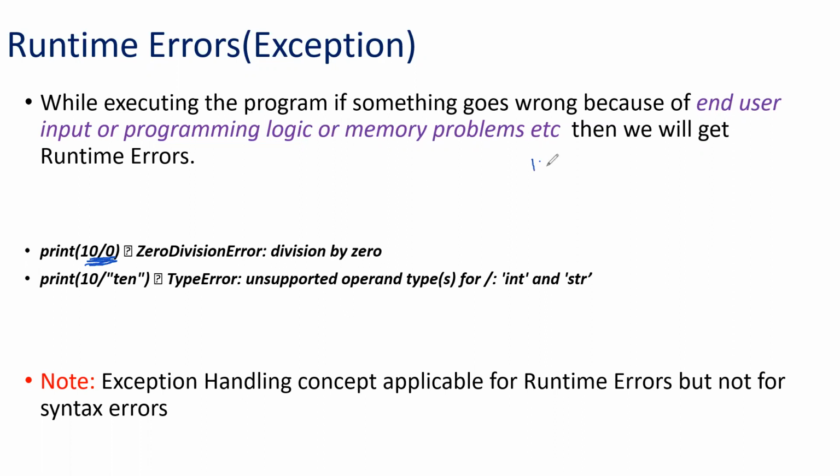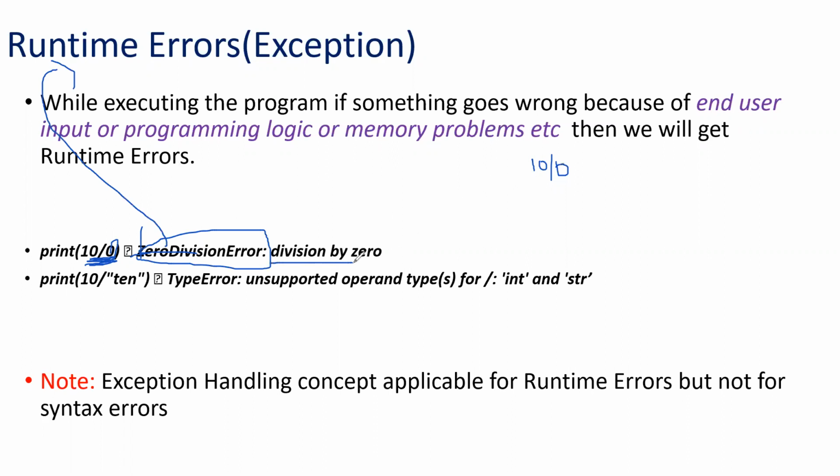Actually, 10 by 0 is infinite, right? Something by 0 is nothing but infinite. But Python will not give the output as infinite. Simply, it throws an error. What is the error? Zero division error. It is dividing by 0 and it throws the zero division error. This is a runtime error.